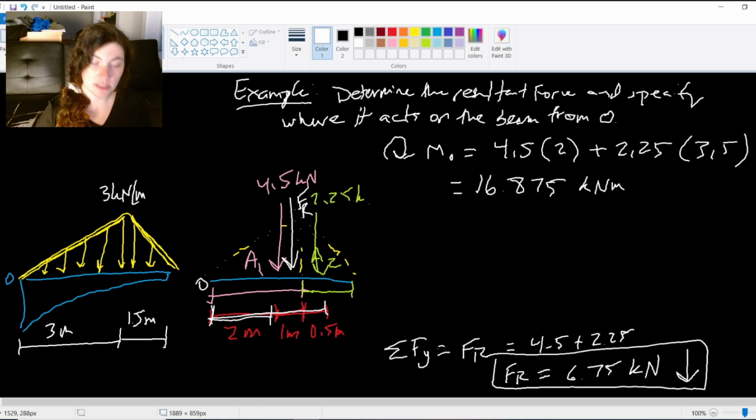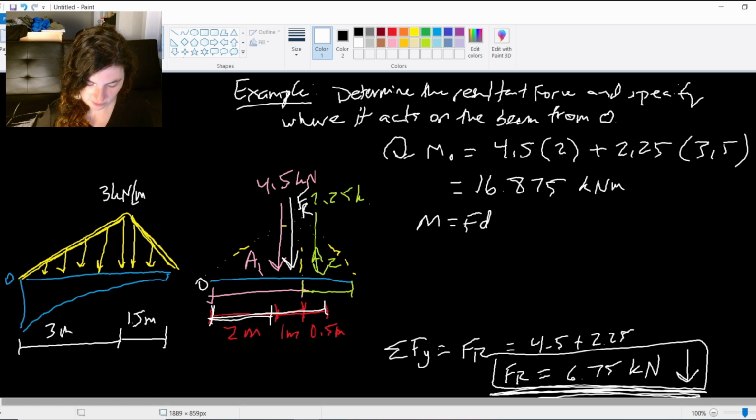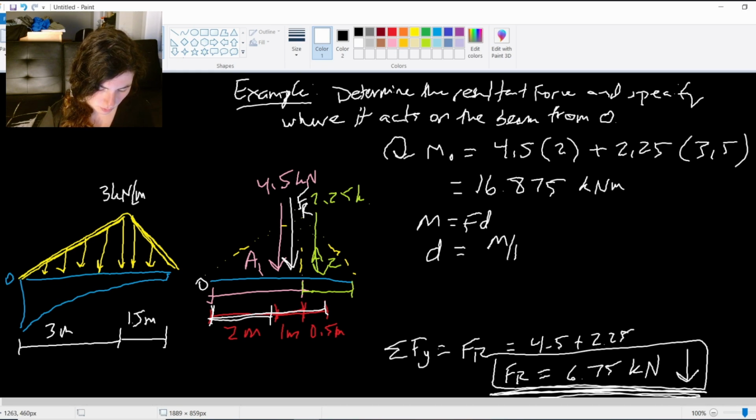And so I can use this number, and I can say, okay, well, where is this acting? If I say M equals FD, my F was this 6.75 kilonewtons. So to get my distance, I just do moment over F, which is 16.875 over 6.75.